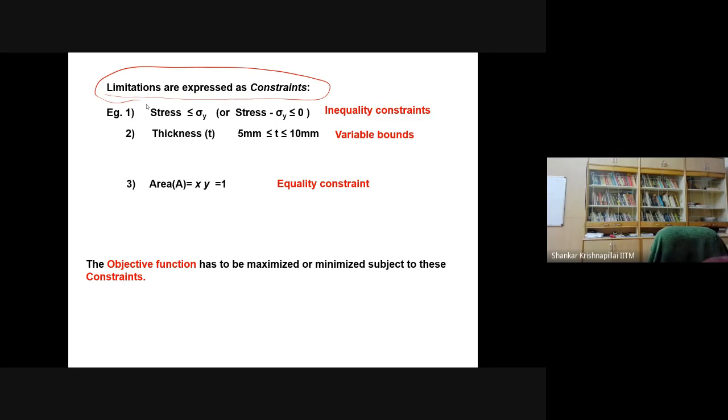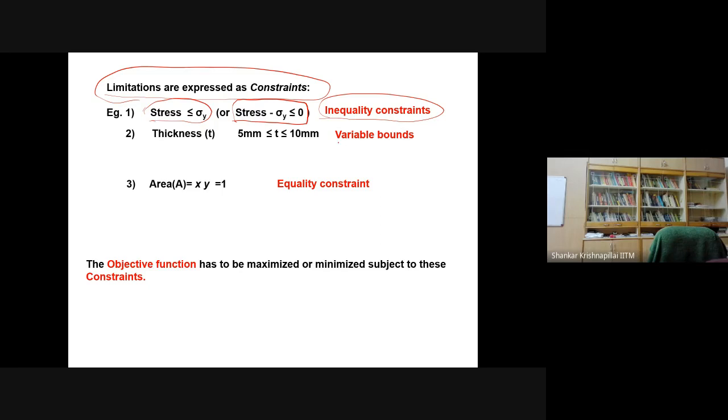One type is called inequality constraints, that is, you don't allow a value to increase beyond a certain value. One example is that stress in a body should be less than or equal to yield stress. That is represented in the notation as stress minus yield stress should be less than or equal to 0.